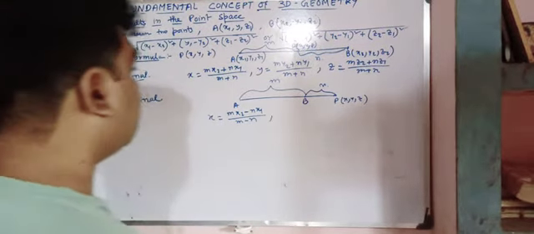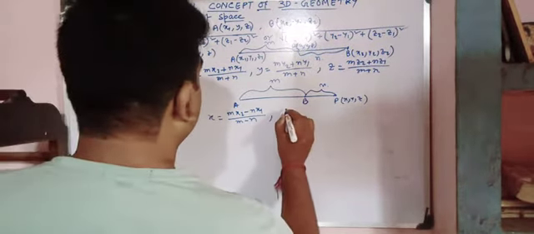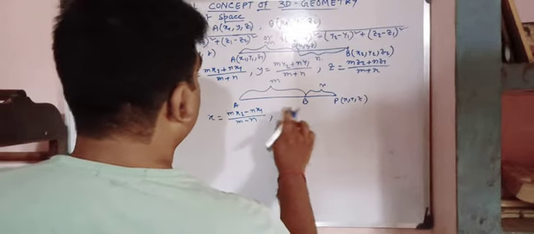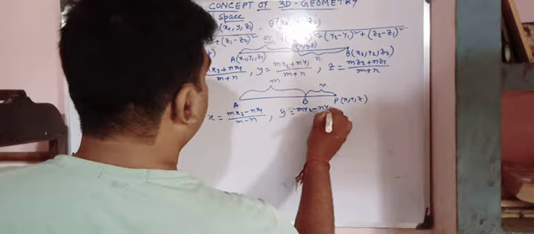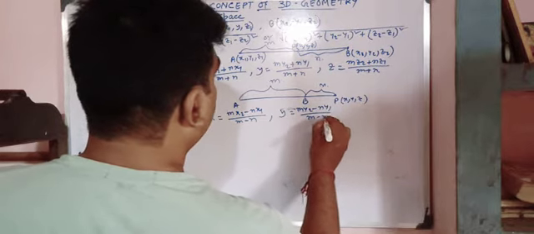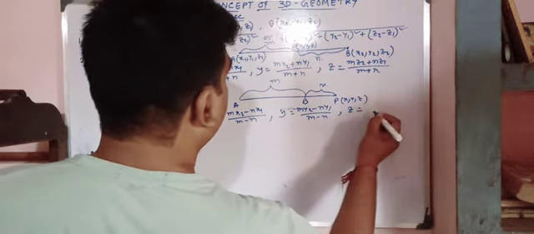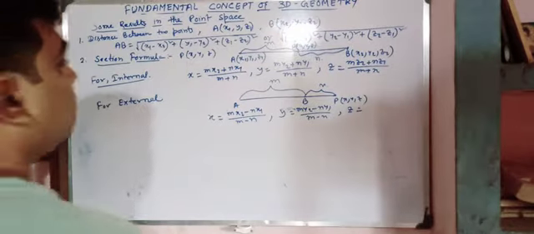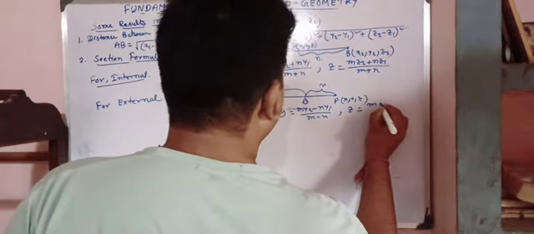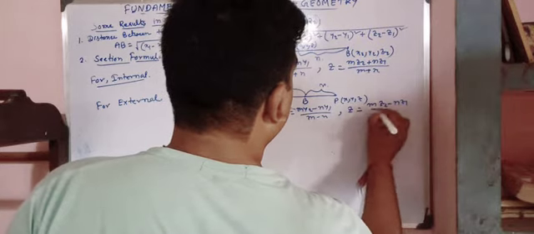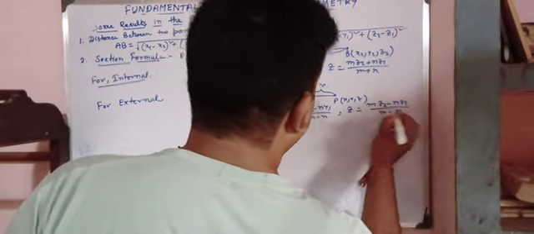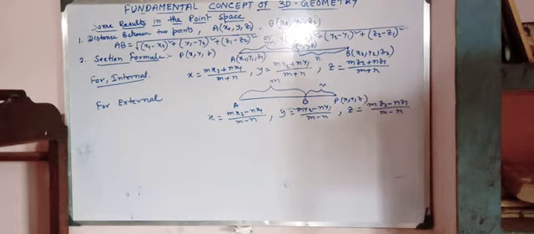This is the case for external. y is equal to (m y2 minus n y1) by (m minus n), and z is equal to (m z2 minus n z1) by (m minus n). So this is the case for external division.